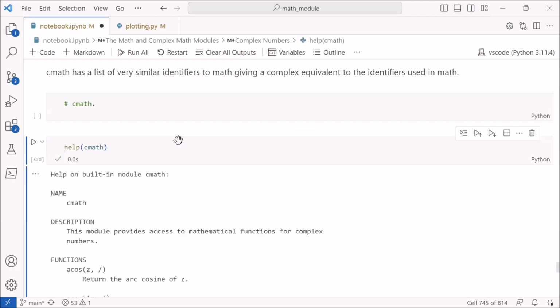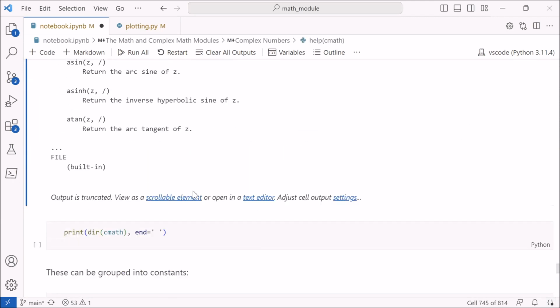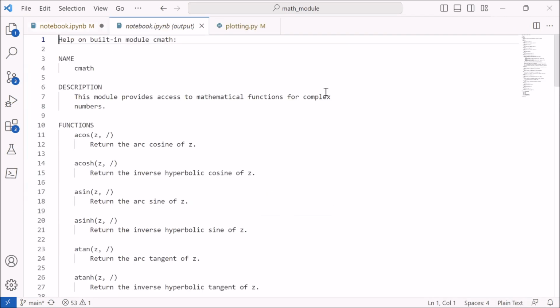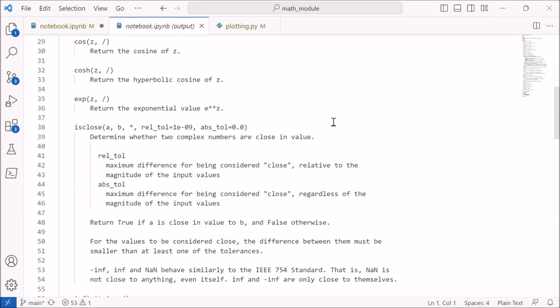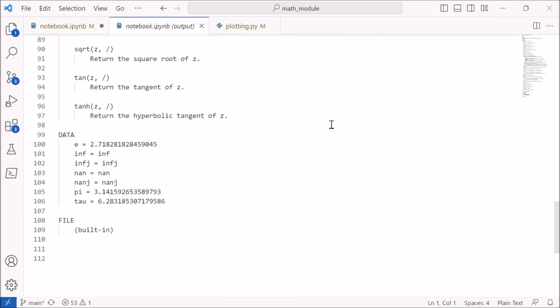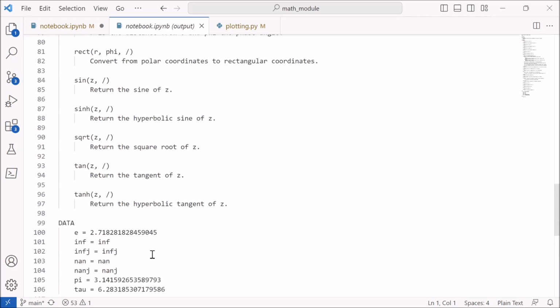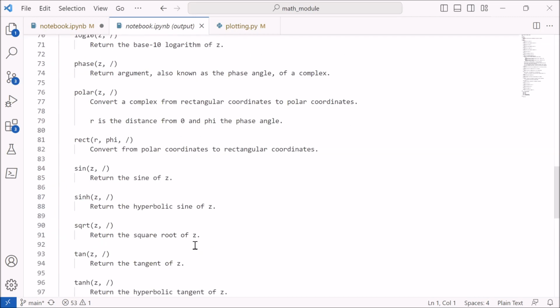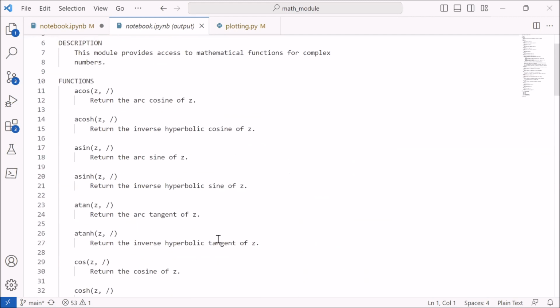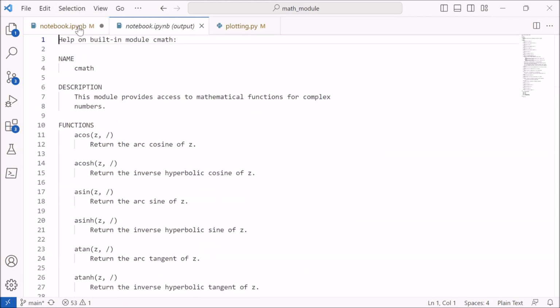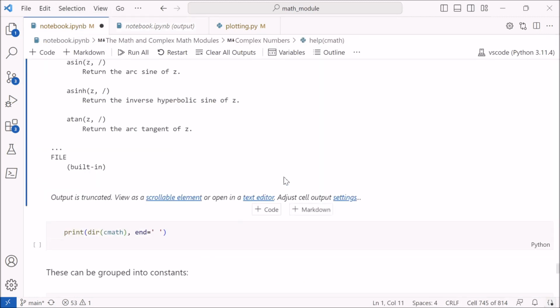So we can view the help in a bit more detail. And we see that there's slightly more constants and slightly more functions, but most of them are the same. They just scale up to a complex number.